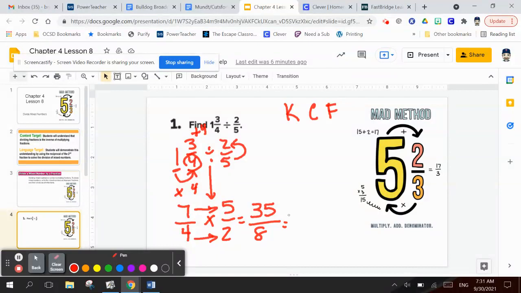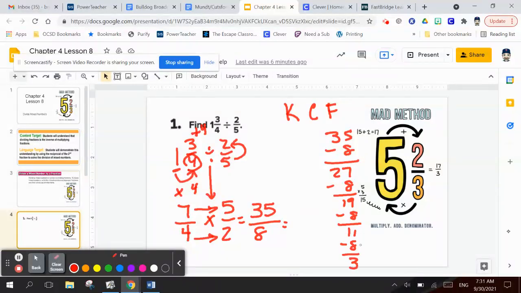And again, you can do this a couple different ways. I'll make equal groups this time. 35, I subtract 8. I get 27. I subtract 8 again. I get 19. I subtract 8 again, I get 11. I subtract 8 again, I get 3.